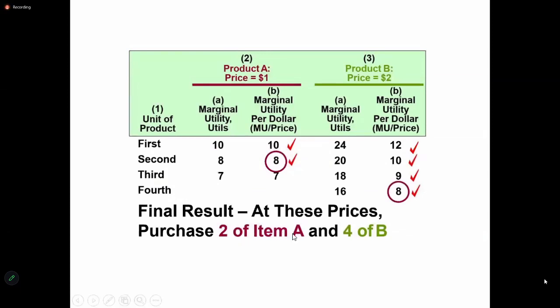Then 2 items of A and 4 items of B is good with their income. Other combinations they can't afford. Sometimes they do not have enough money, sometimes they can't spend all their income. Let's assume they have to spend all their income and purchase only these products. All of this is assumed in this theory.